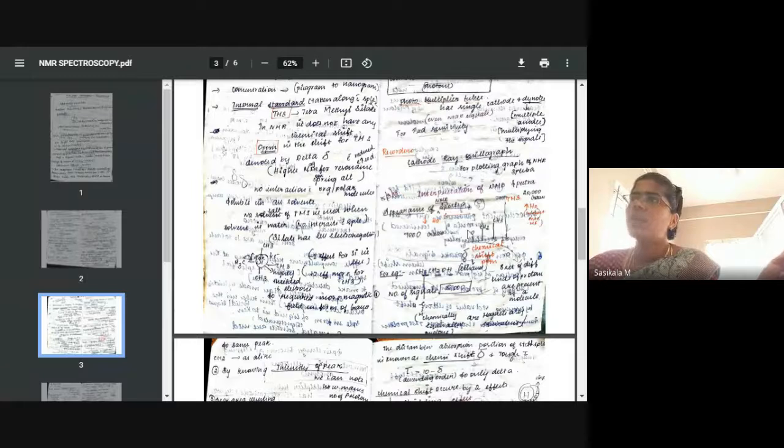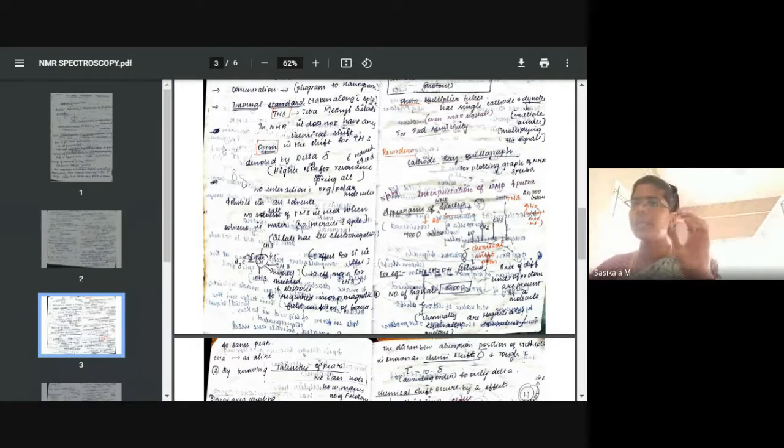Then the sample protons will appear as signals downfield, meaning less magnetic field is required compared with the standard. So away from tetramethylsilane, at 10 parts per million, the magnetic strength will be less.